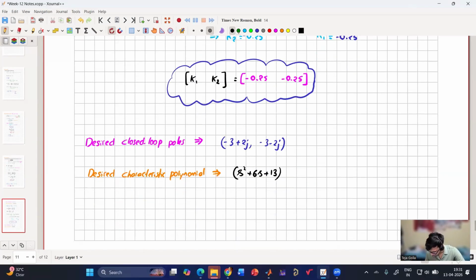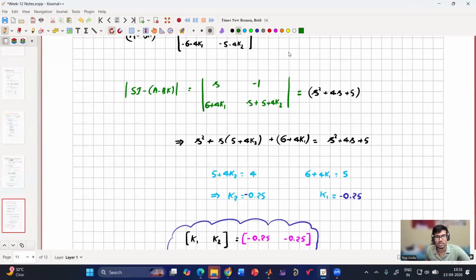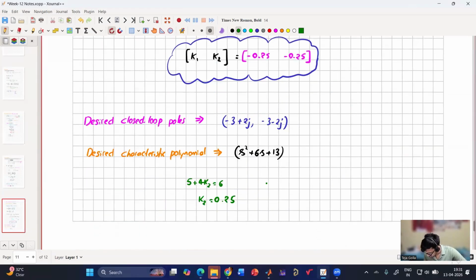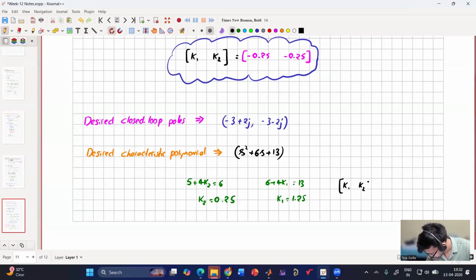So 5 plus 4k2 is 6, so k2 is 0.25. And then the other one is 6 plus 4k1, and 6 plus 4k1 is 13, so k1 is 1.25. So my k1, k2 is 1.25 and 0.25.